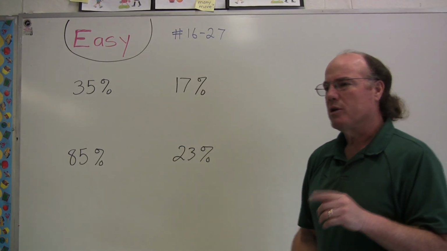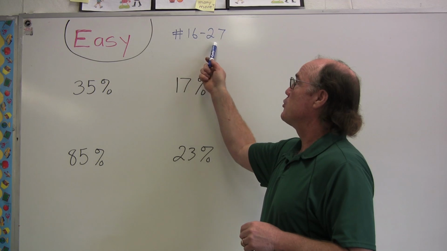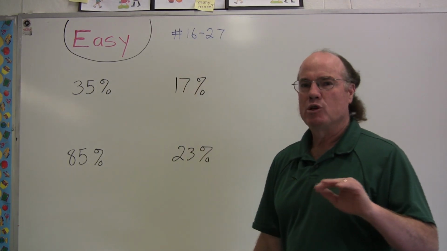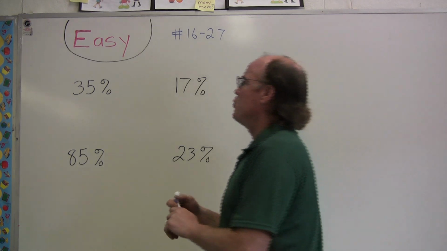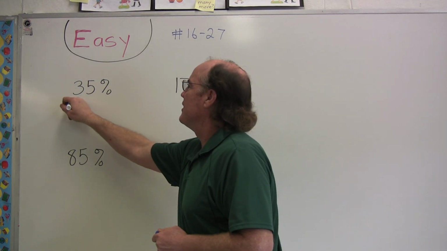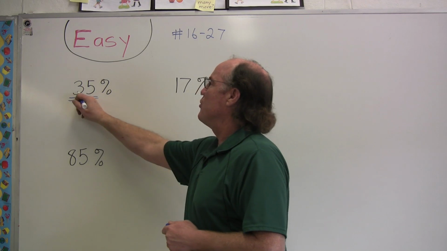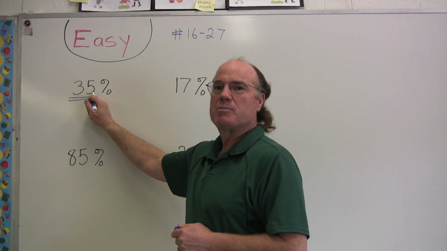In the 12 problems that are in numbers 16 through 27, the absolute easiest to convert to decimals are those where we have numbers in both the tens and the one spot of the percent number.